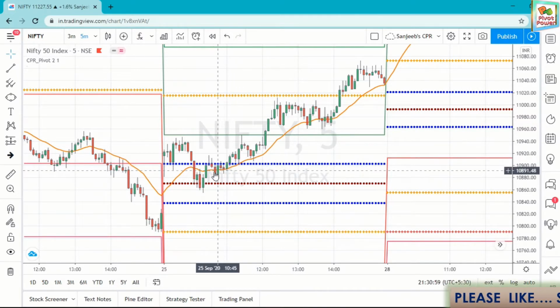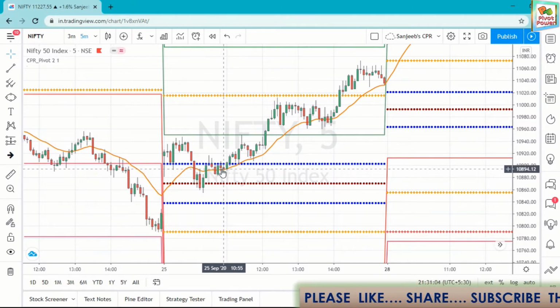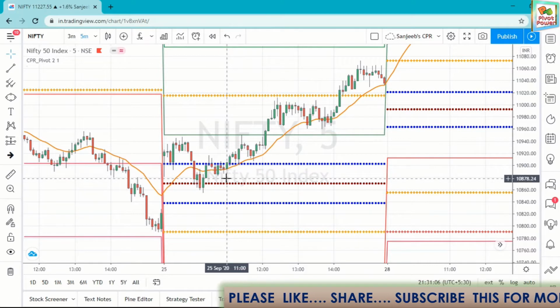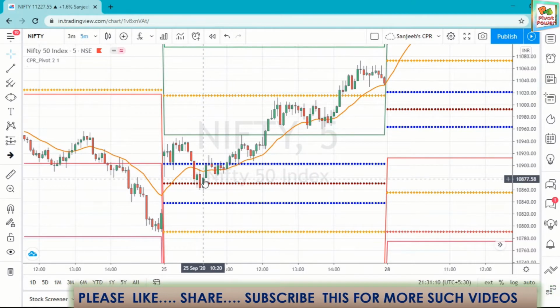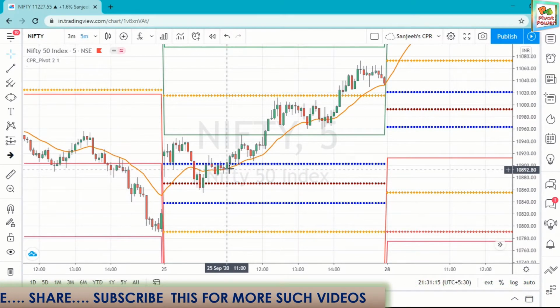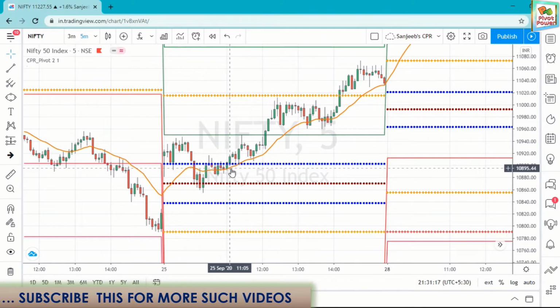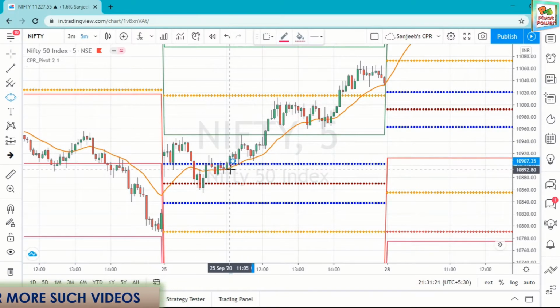It doesn't cross the 20 EMA. It's above but not below the 20 EMA. If it's below, you don't take any trade. When it is just going up here, the entry should be here only.